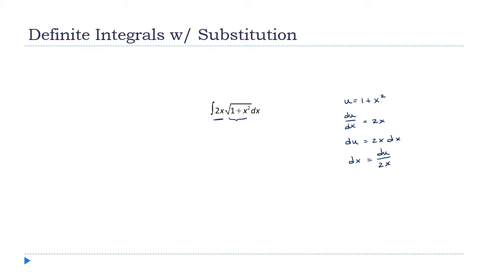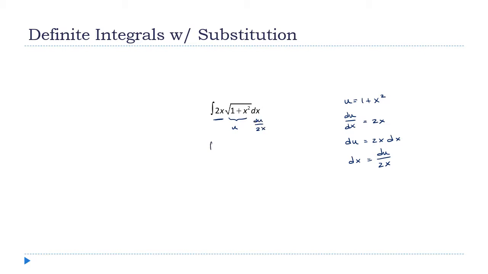Okay, here comes the substitution part. I'm going to replace the 1 plus x squared with u. I'm going to replace the dx with du over 2x. Let's see what happens.